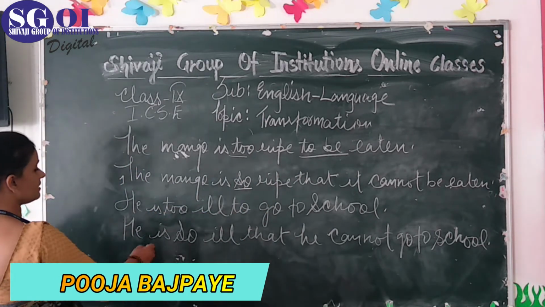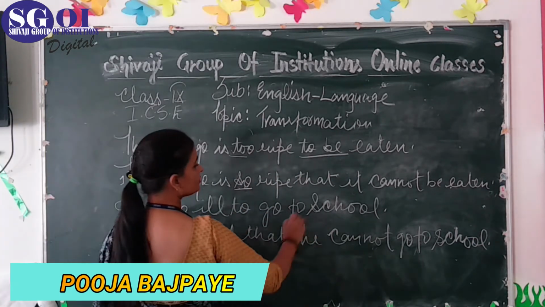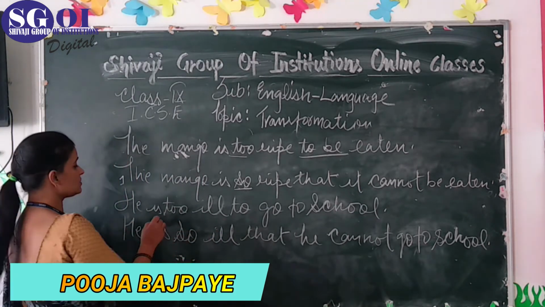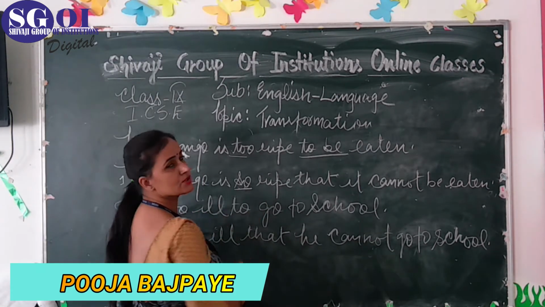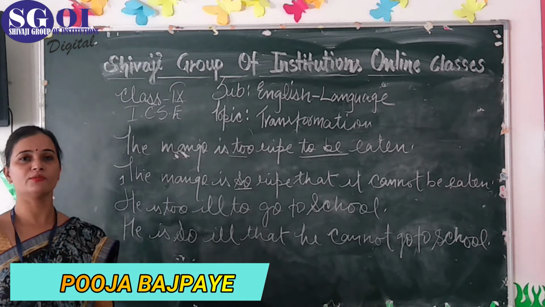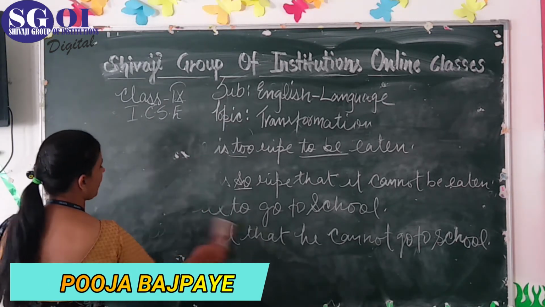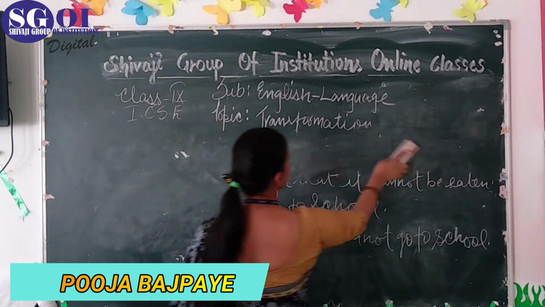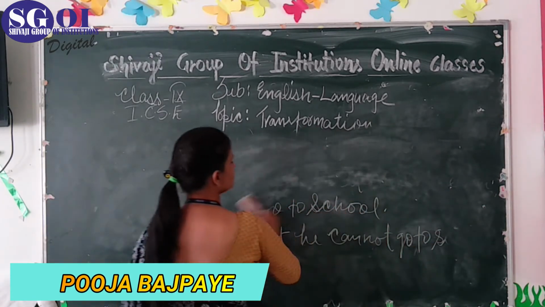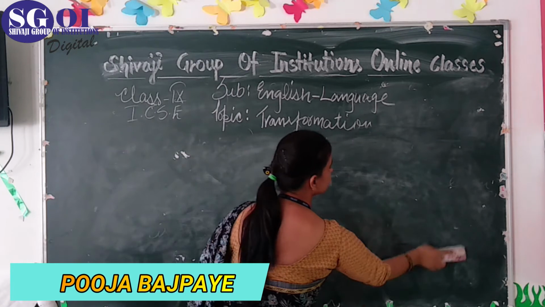If the sentence comes, 'He is so ill that he cannot go to school', you have to change it to 'He is too ill to go to school'. So this is the use of remove 'too' and use 'so'. I hope you have got it. Now let's see another one.